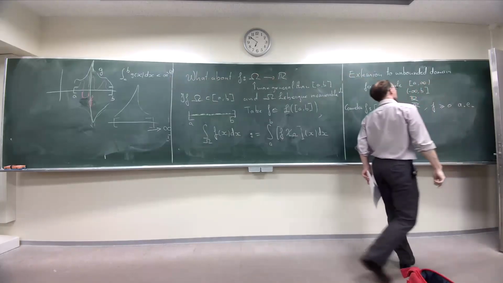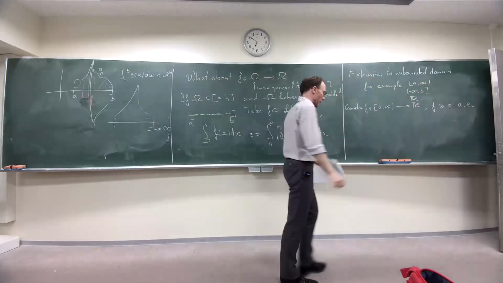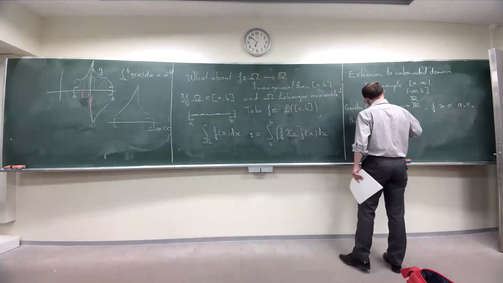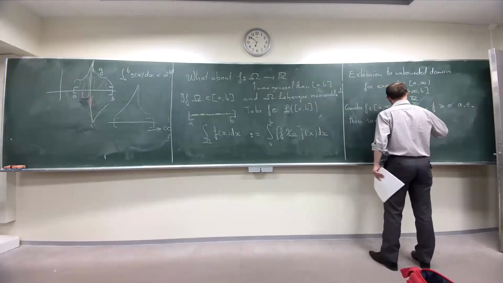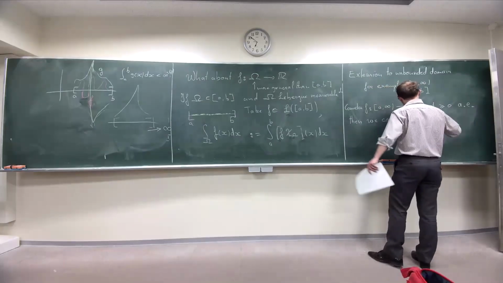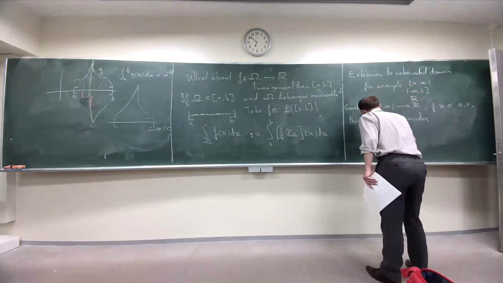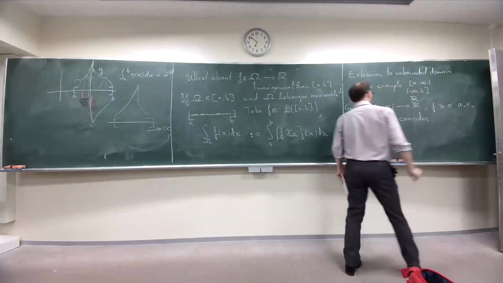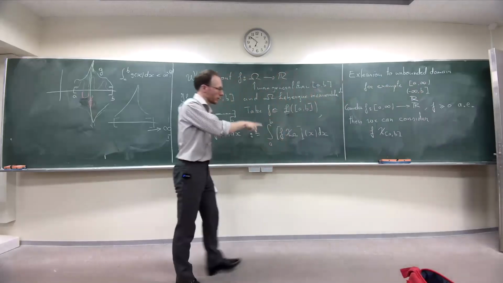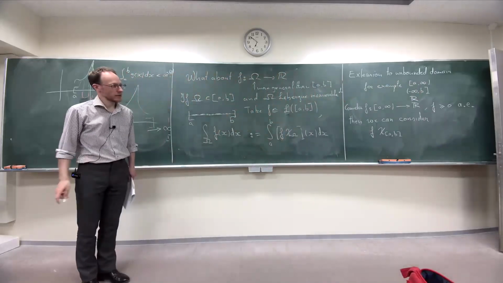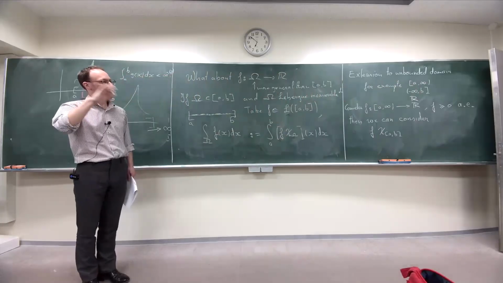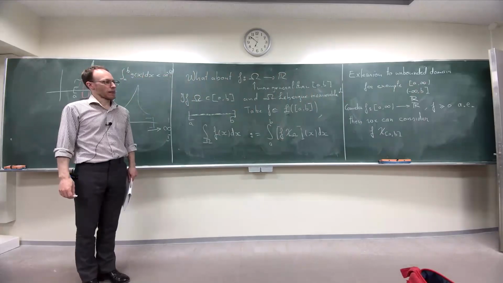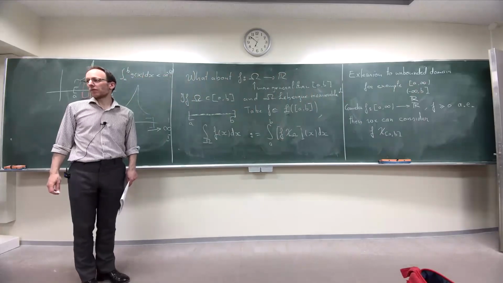It can be different from 0 on a set of measure 0. Then we can consider, and I will use the same idea, f times the characteristic function of an interval. I recall this is the notion of characteristic function: it's 1 inside AB and 0 elsewhere. Then this is a function defined on AB.